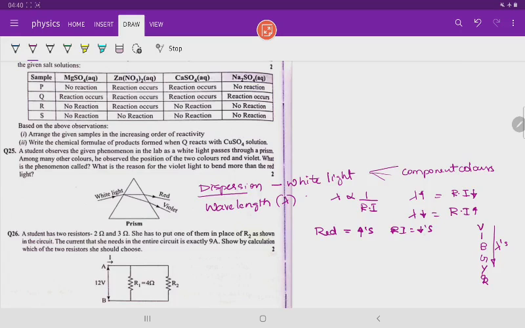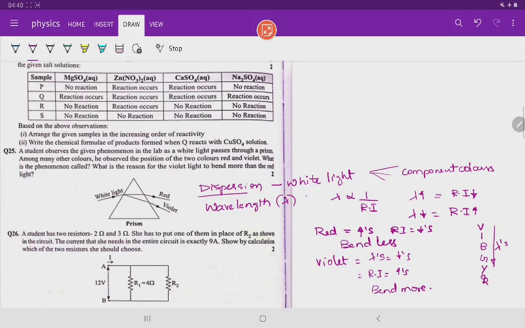So it will bend less. The least refractive index leads to the least refraction. So red bends less, whereas violet has less lambda, so its refractive index will be more, and it will bend more.